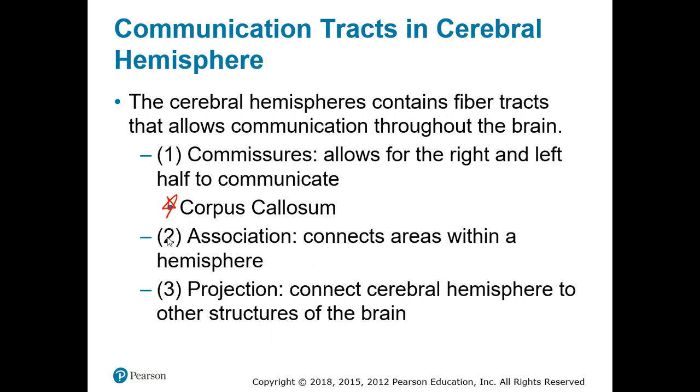The second type are called association fibers, and this connects areas within a hemisphere to be able to associate with each other. And then the last one is called projection fibers. This connects our cerebrum to other structures of the brain, such as the diencephalon, brainstem, or cerebellum.